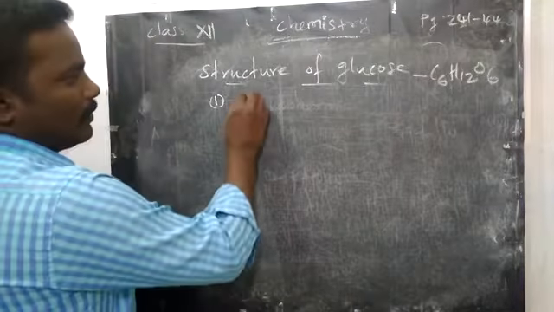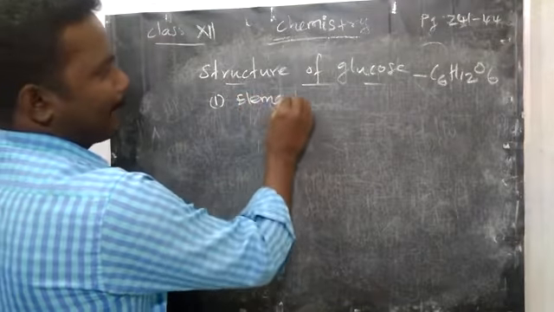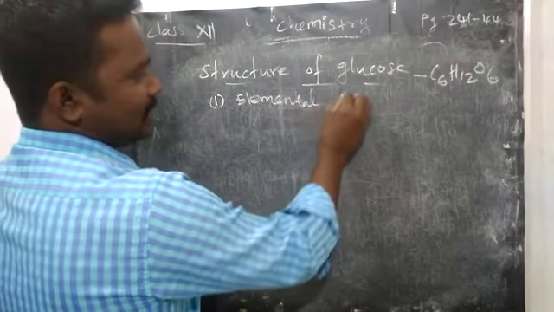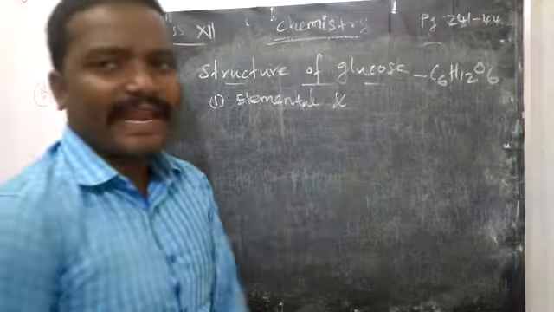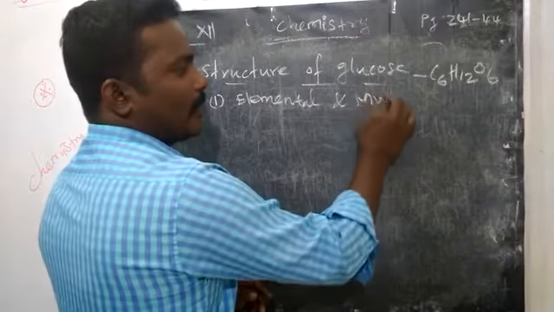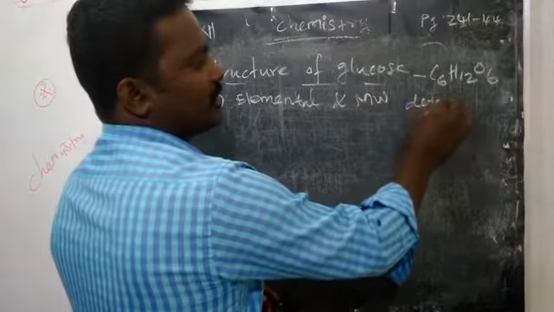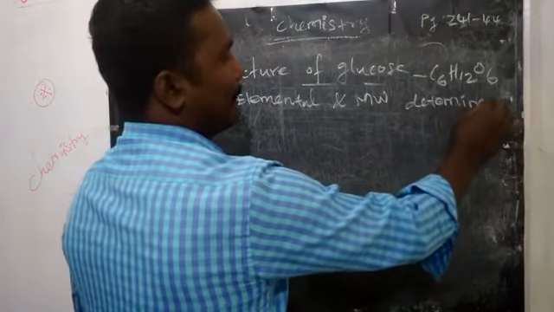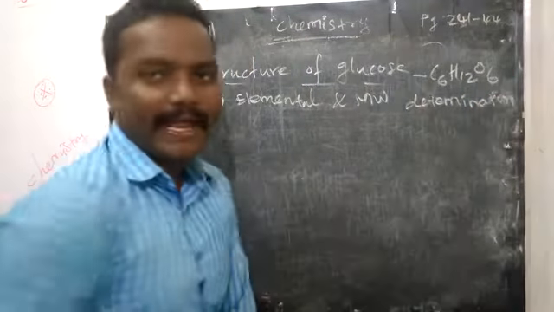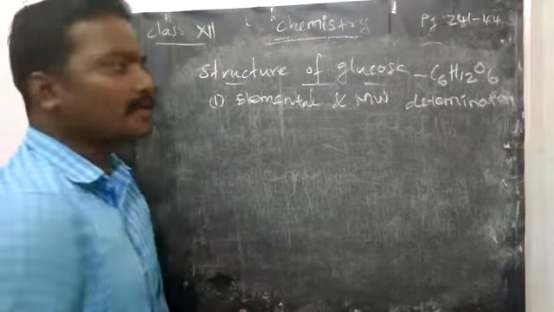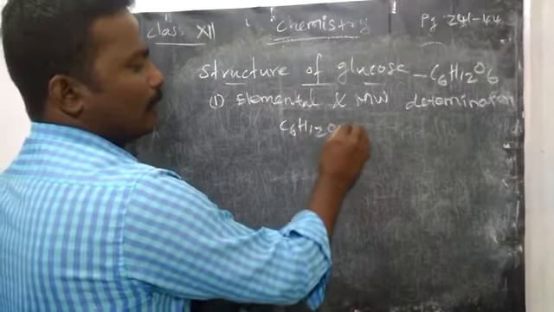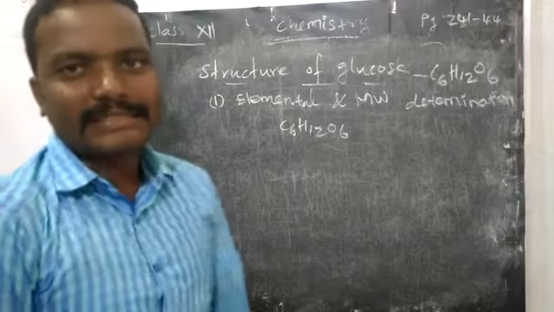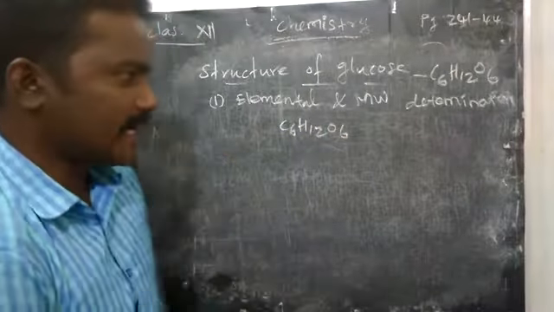Okay. So elemental analysis and also molecular weight determination. Molecular weight determination helps to find the number of carbon, hydrogen and oxygen. That is, the molecular formula for glucose is C6H12O6.